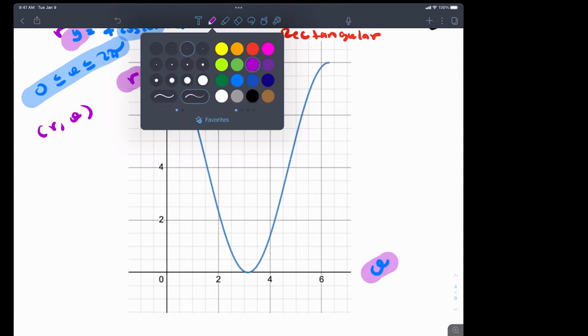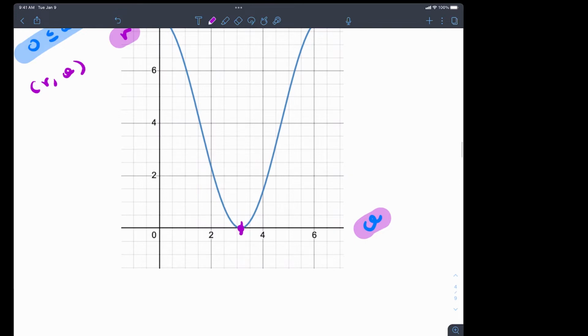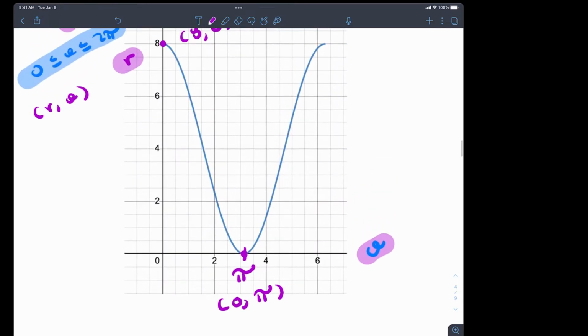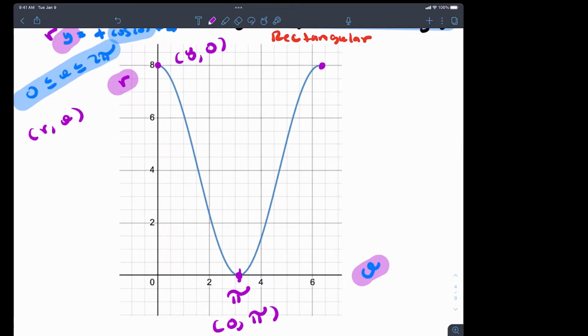So that point was special. And then you say, what other points were special? Well, this point, and that's where pi is. So here my radius is 0, but the angle is pi, okay? So we're looking at that as r, theta again. And then this point was special. Why? Because the radius is back at 8, but the angle out here is 2 pi, okay?